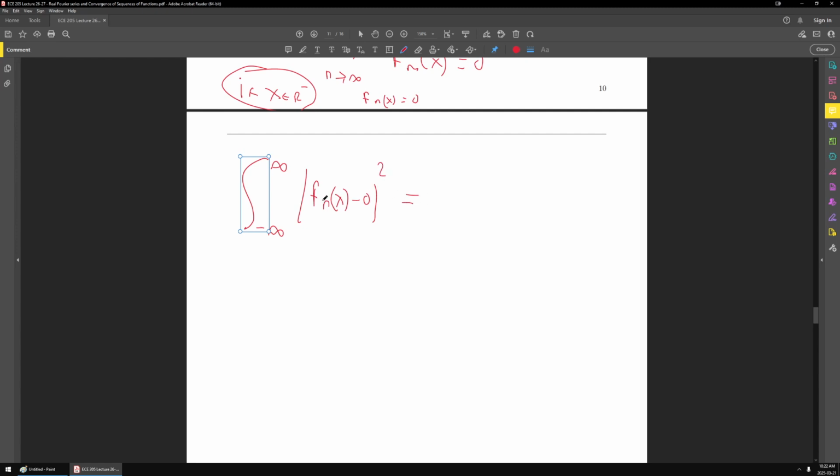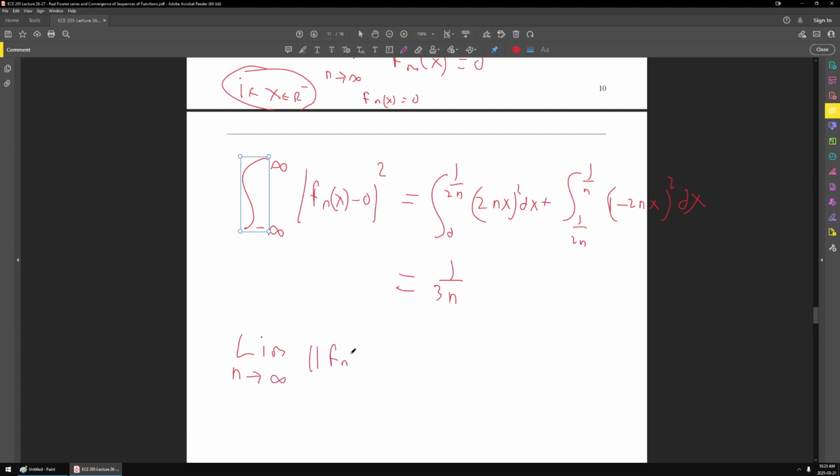Now here, my function is piecewise defined, so if I use the piecewise definition of the function, I get this. Yep, these are evaluatable. When you do that, you get this. And then if you ask, what's the limit of, I'm going to write it like this, f_n of x minus 0 in the L2 norm.